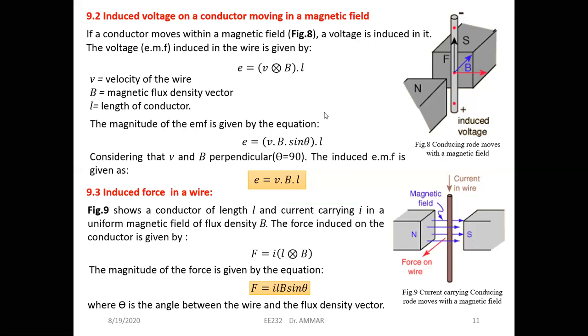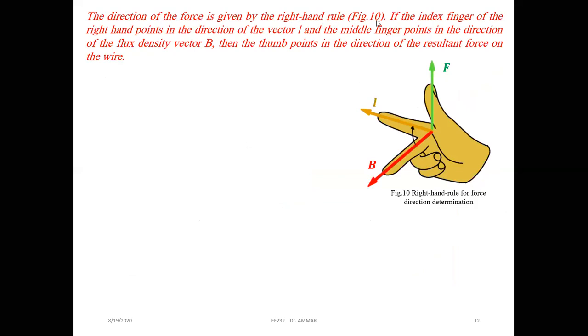I didn't know this. Okay, so the direction of the force is given by the right hand rule shown in figure number 10. You can notice that this right hand rule is different from the previous one. Before, the hand was closed and we had only the thumb and the fingers. But here we do this position. The direction of the force is given by the right hand rule.